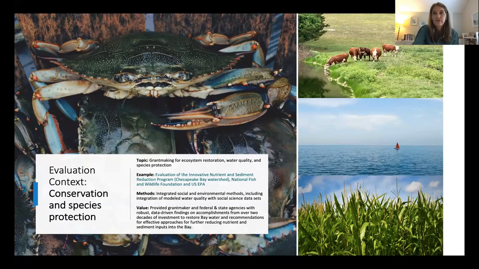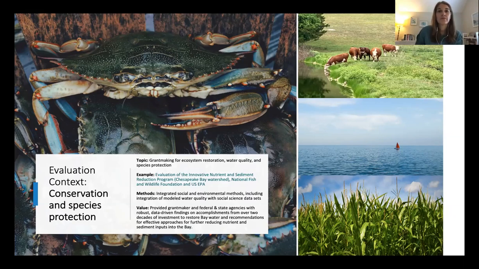Actually, these are not in order of how we carried them out, but this one was basically an evaluation of approaches that the National Fish and Wildlife Foundation here in the U.S., funded in part by US EPA Chesapeake Bay program, were making investments they were making for over 2 decades across the Chesapeake Bay watershed, which is a 64,000 square mile watershed incorporating 6 states and the District of Columbia, with the goal of improving water quality in the bay as well as protecting species such as the blue crab.